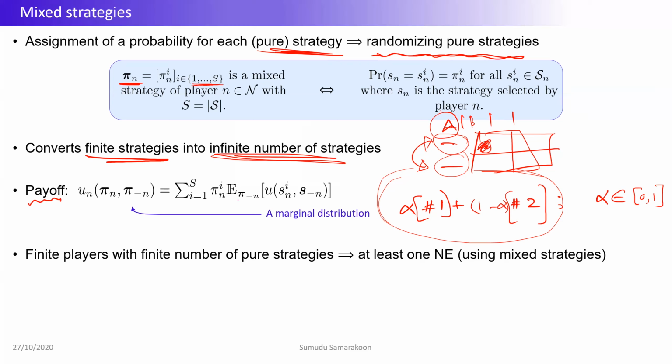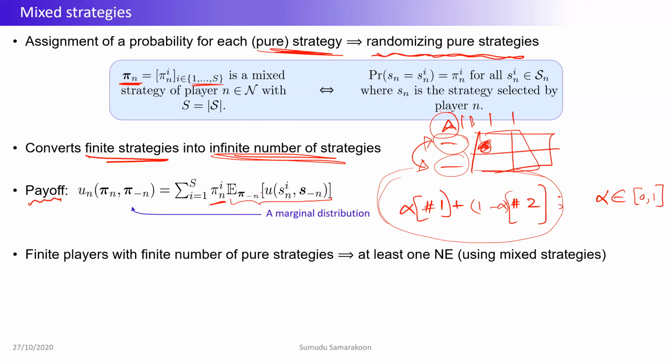So here, similar to calculating the strategies, we could use the same idea to calculate the payoff as well. So the probability of playing a certain strategy and the expected utility. Why is this an expected utility?